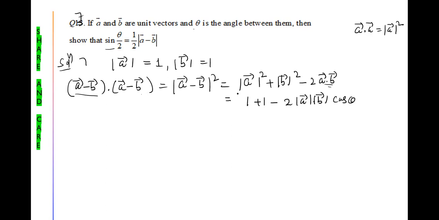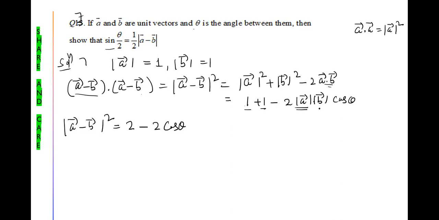That is A dot B. So square of magnitude of A minus B equal to 1 plus 1, 2 minus 2 cos theta.